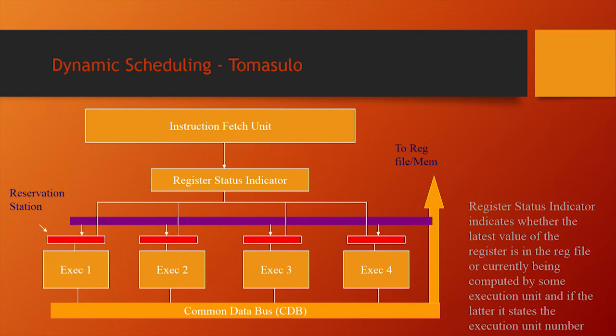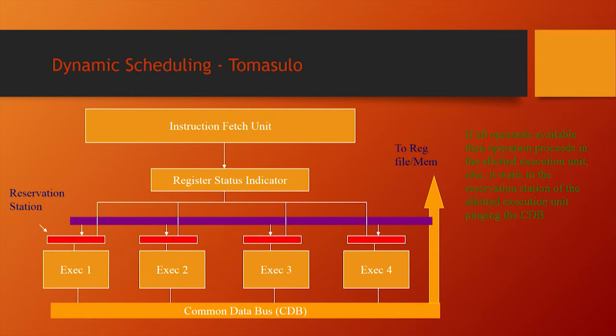So you wait for that and take the data. That is what I am reading in the last sentence: the register status indicator indicates whether the latest value of the register is in the register file or currently being computed by some execution unit, and if the latter is true, it states the execution unit number. So the register file itself will say, if it has 5, that the latest value is going to be written by 5.